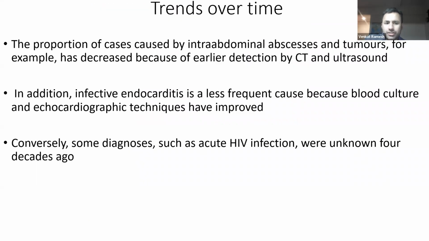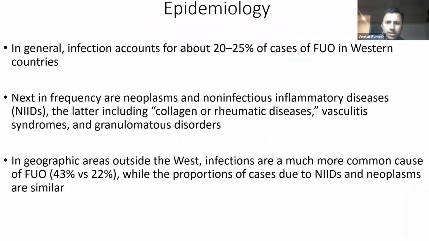In terms of evaluation, we do find intra-abdominal abscesses and tumors, but the incidence of this has decreased. Infective endocarditis too, as blood culture and echocardiographic techniques have improved. So infections, at least in the West, account for about 20 to 25% of cases.